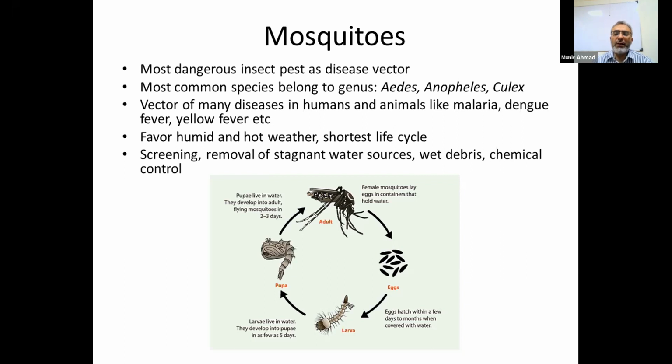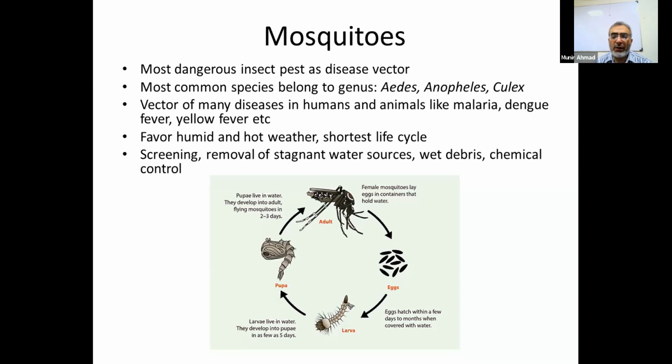If you see simply the life cycle, they have 4 stages: the egg, larva, pupa, and adult. The eggs, larvae, and pupae are generally near water bodies. Larvae develop inside the water bodies, and adults are free-living organisms which can fly and move away.